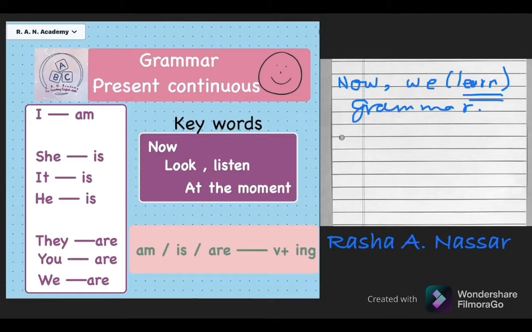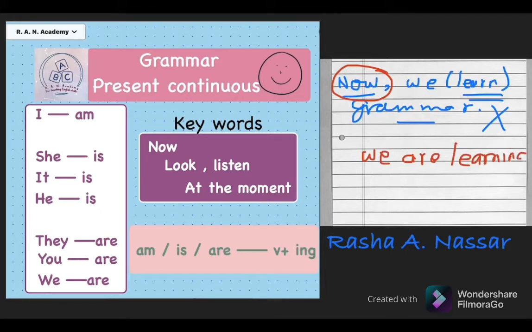So how can we correct the verb? Is it right to say now we learn grammar? No, teacher. So we will write what? We will write now we are learning, because I see here now.